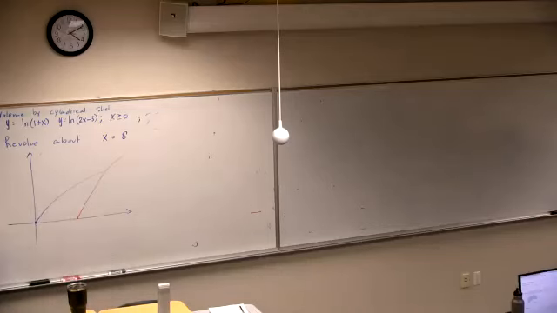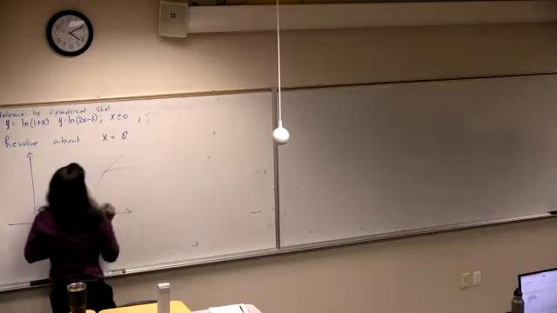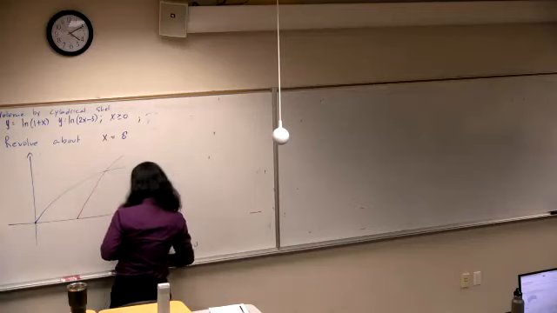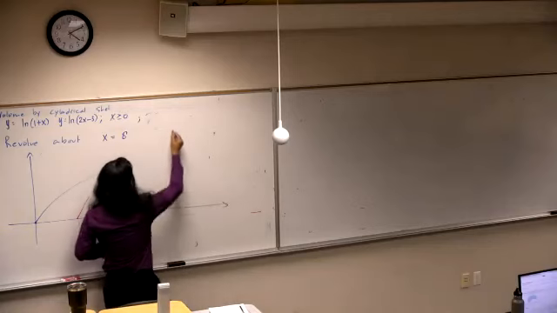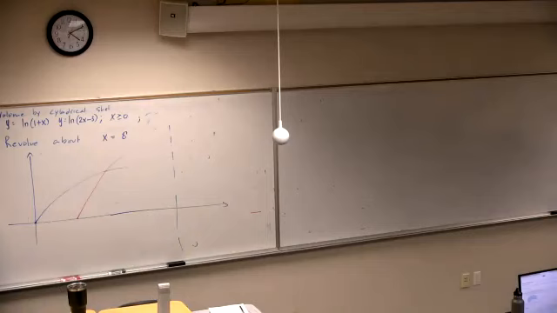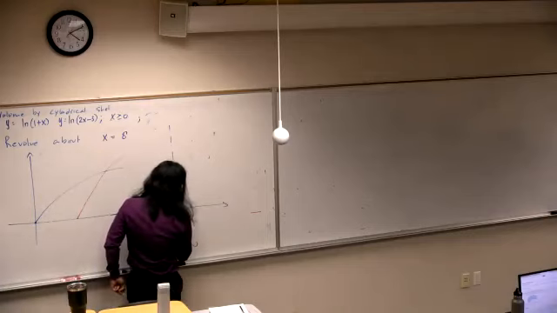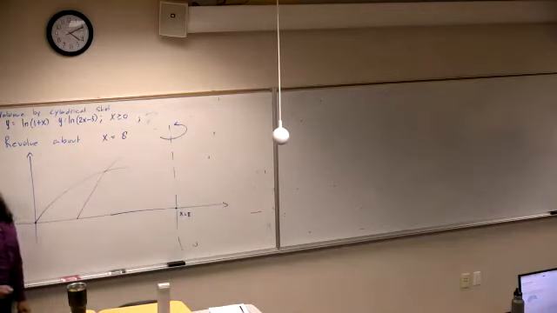It's just an approximate picture, so don't take it seriously. The line that I have is x is equal to 8, which is a vertical line. That is my axis of revolution.